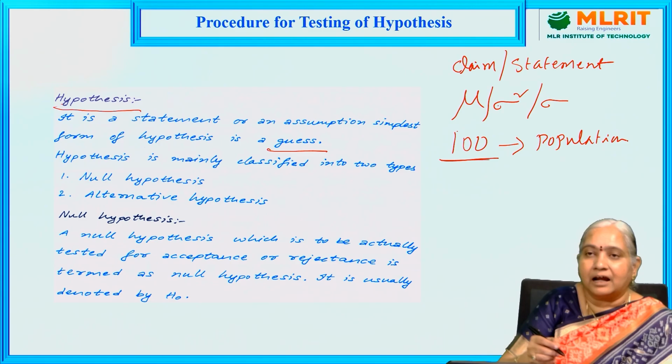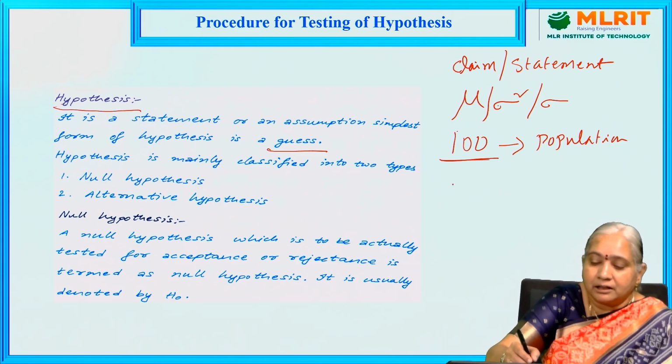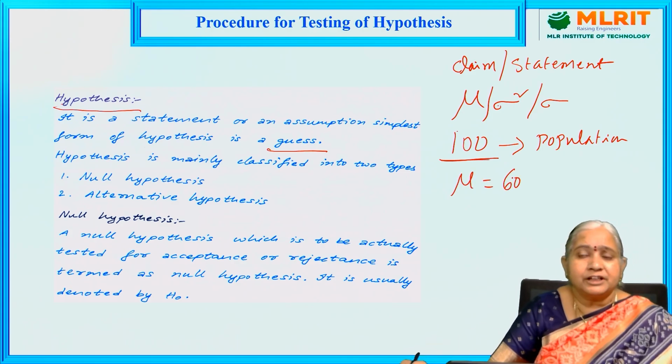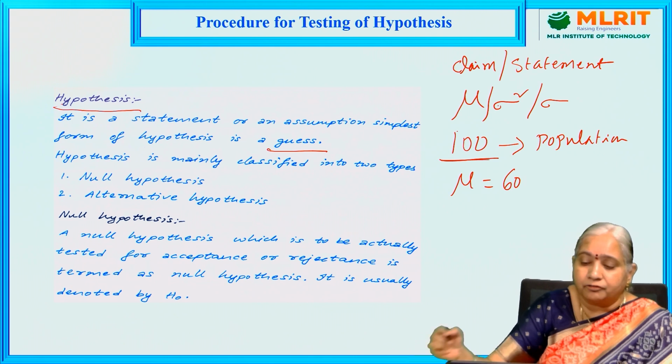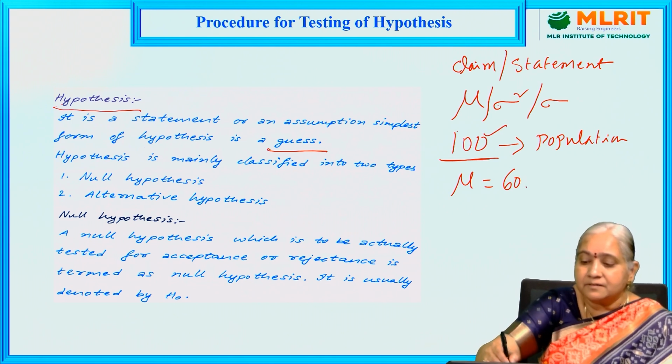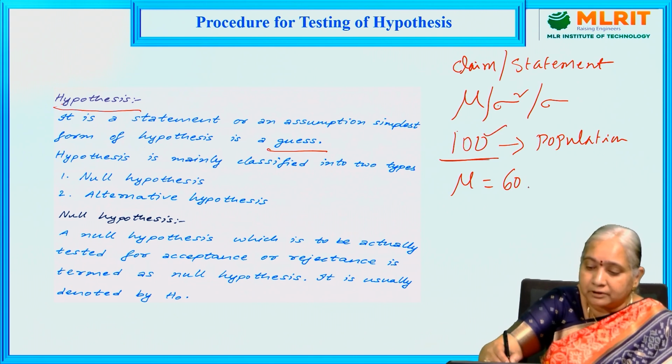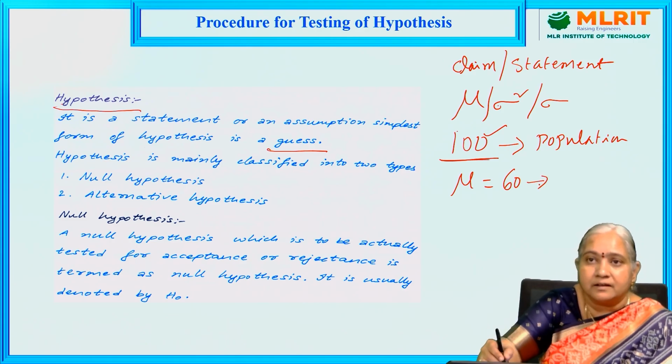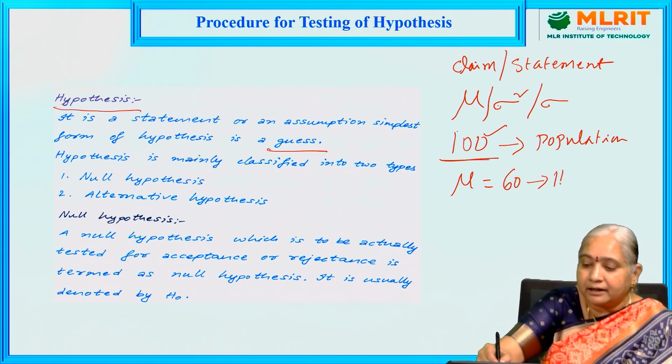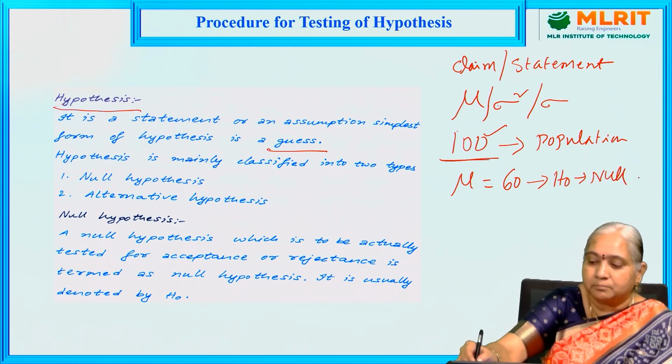In this class, I am claiming that the mean or average mark is mu equal to 60. 60 marks is the average mark of this class. This is my claim. The claim or statement is called the hypothesis, and it is denoted by H0 and called the null hypothesis.